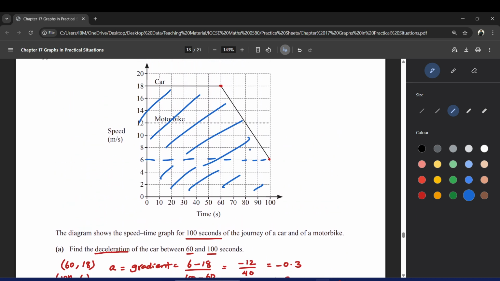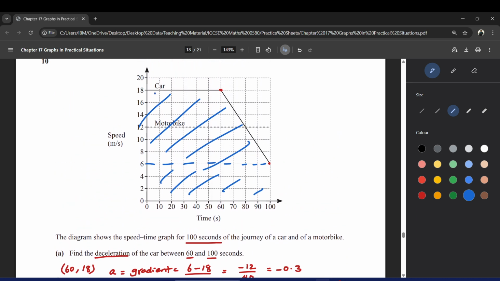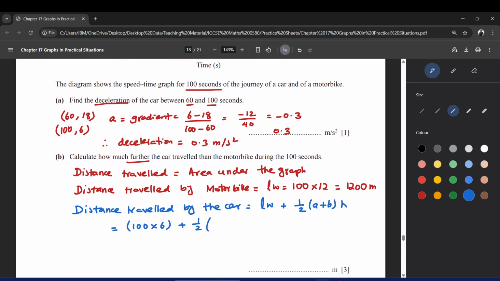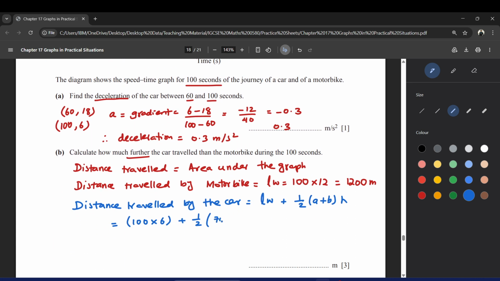For trapezium, the first length is 70, which is this one, and the second one is 100, which is this one. So 100 plus 70, and the difference between 18 and 6, that would be your height, which is 12.